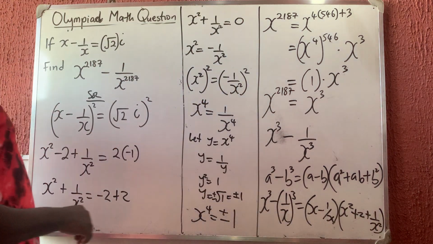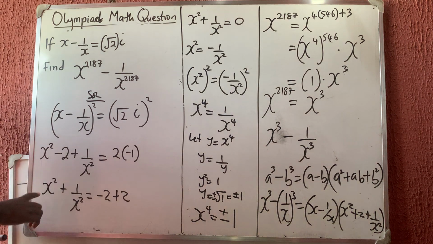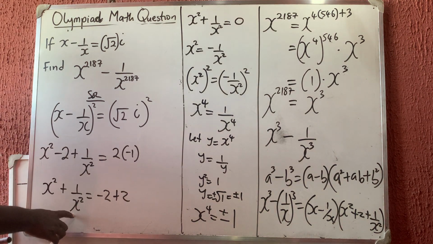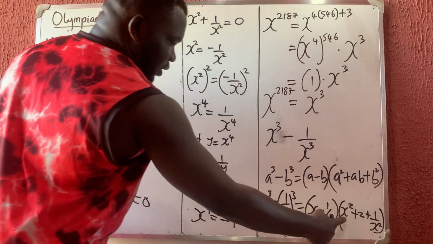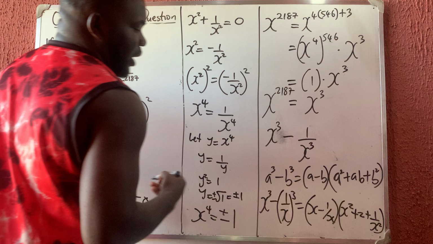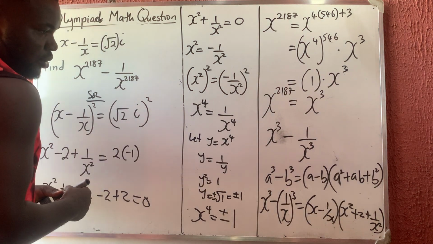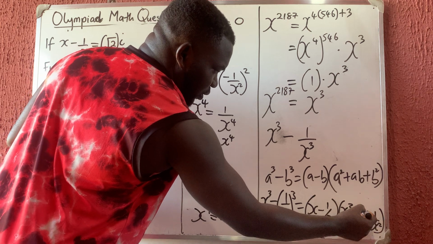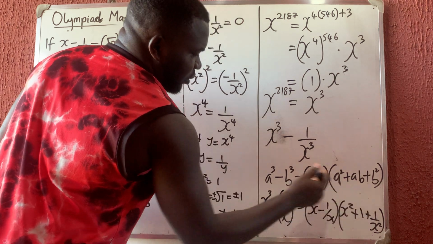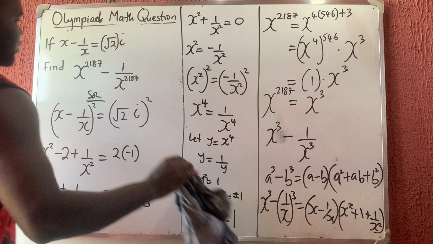Now, but we got that x squared plus 1 over x squared is 0. So this and this is 0. So 0 plus 2, I'm having, okay, is it 2 or 1? This time this will give us 1, not 2.